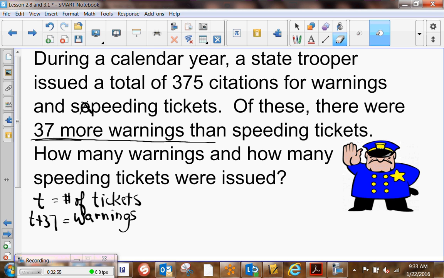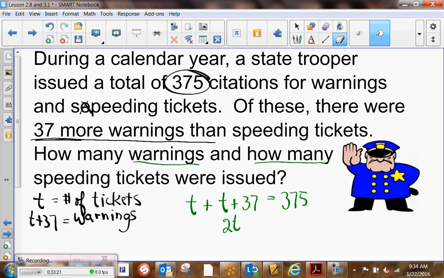And he issued a total of 375. Those combined. So if T of them were given tickets, and T plus 37 were given warnings, that should be a total of 375. And notice that this question does say how many speeding tickets were issued and how many warnings were issued. So we need to go in and solve this.